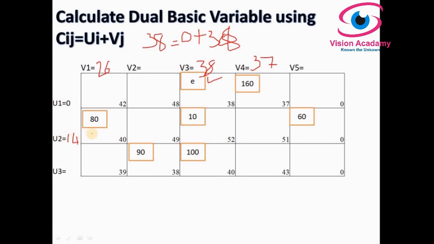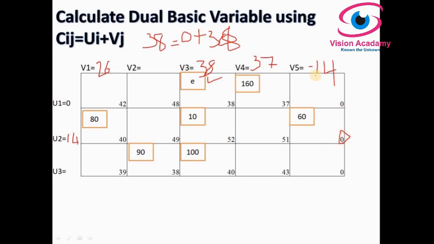Now also you can calculate this for this allocated cell. There is one value we have, U2 value. The total allocation is 0. Now it's very important for you to understand, if total allocation wants to become 0, how we want to try. Now U2 is 14, then it must be minus 14. So minus 14 plus 14, this will become 0.